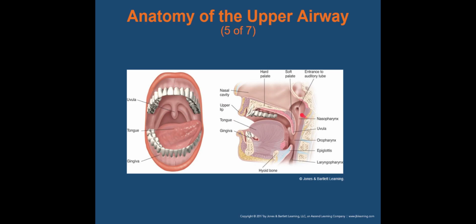Our adenoids are actually high up here, and in most adults, they're actually flat now. Our tonsils become inflamed whenever we're experiencing some type of infection, or maybe some type of strep bacteria is affecting those areas.